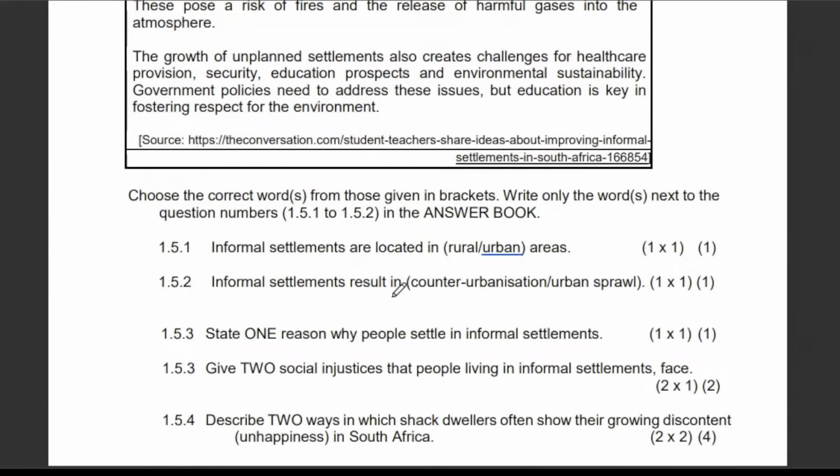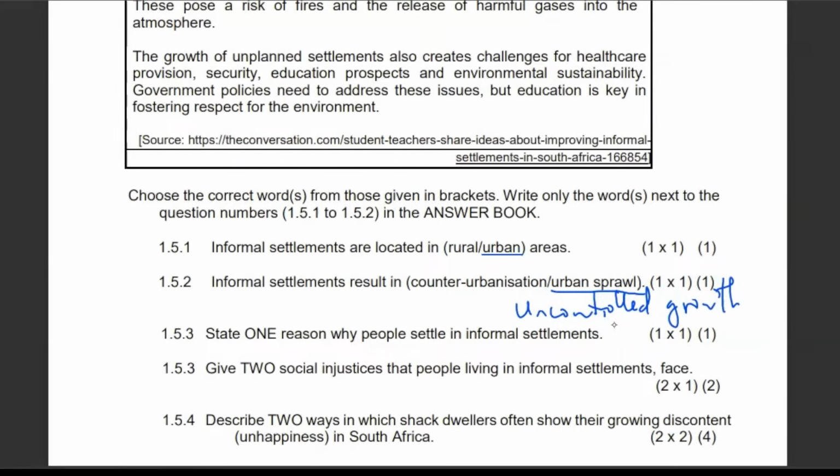Informal settlements result in urban sprawl. What we call urban sprawl is a situation whereby we have uncontrolled growth of cities and towns. For the reason being, informal settlements are not planned and they are illegal.